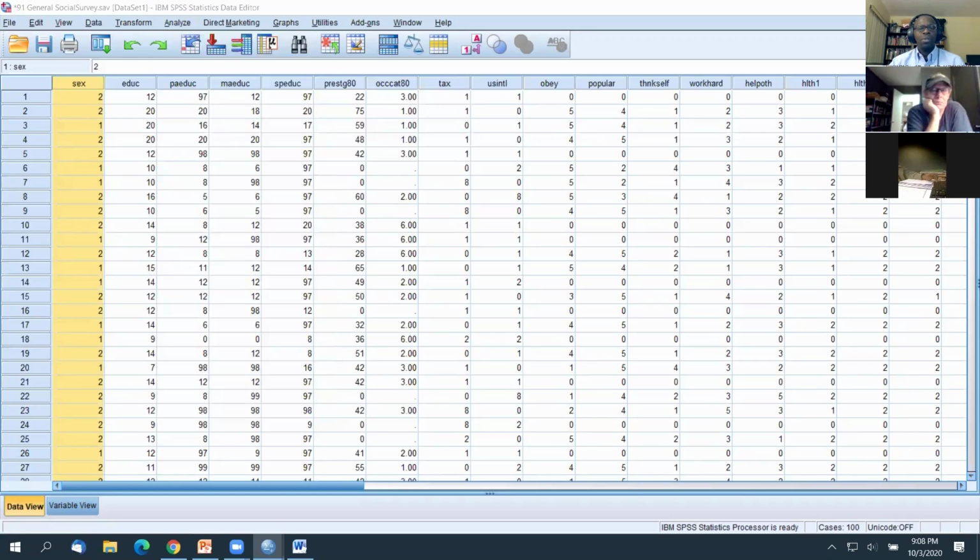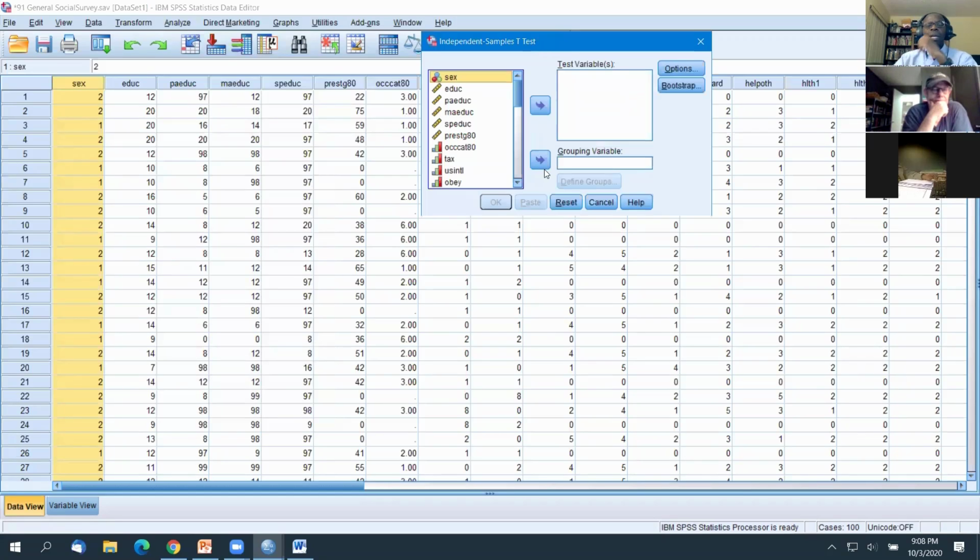Then what we're going to do is move our independent variable into the grouping variable box. Now, here we have to identify the groups, right? We have to tell SPSS what the males are and what the females are.